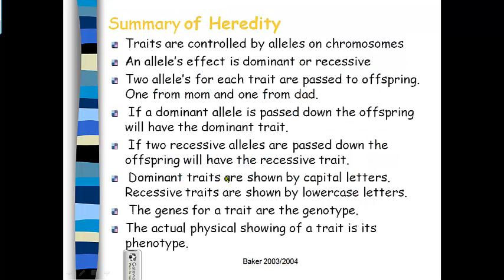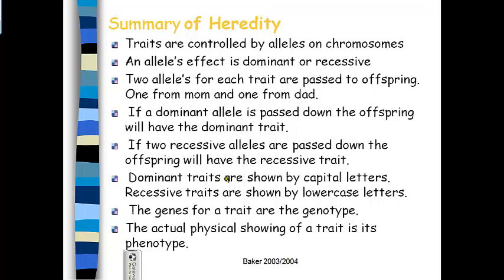So in summary, traits are controlled by the alleles on chromosomes. An allele's effect is either dominant or recessive. You get two alleles passed down to you, one from your mom and one from your dad. If one of them is dominant, then you're going to have the dominant trait. You're going to show up with the dominant thing. If they're both recessive, you're going to end up with the recessive trait.